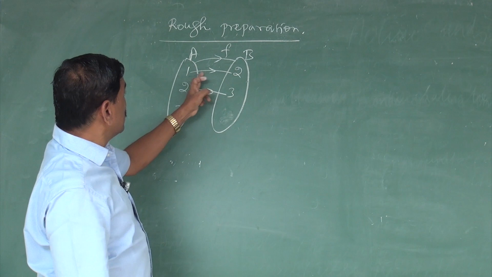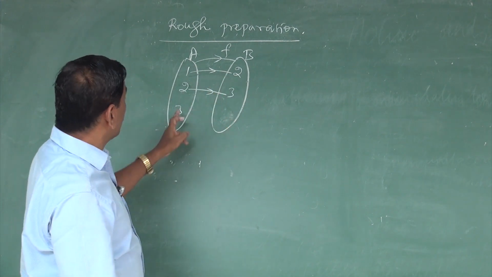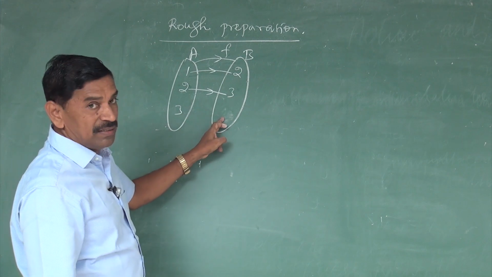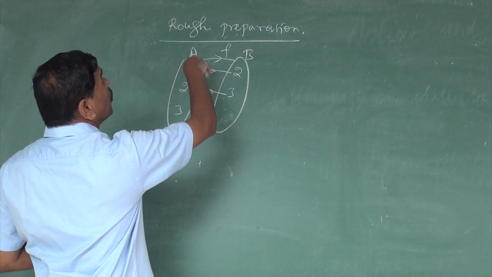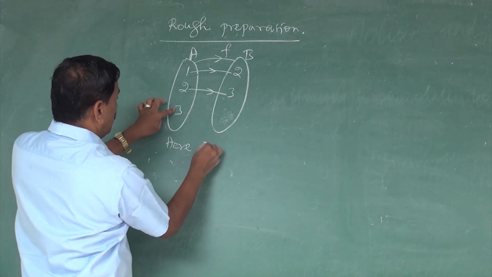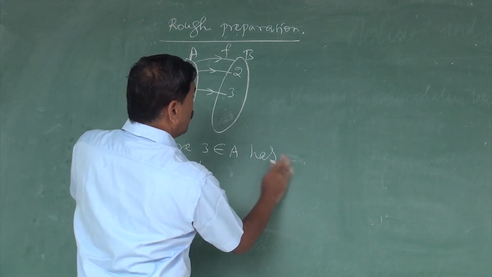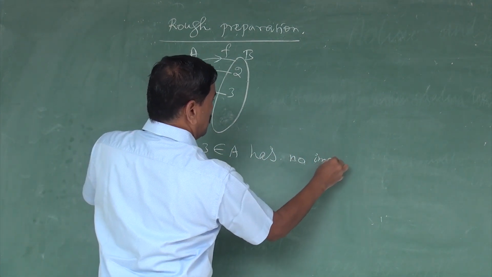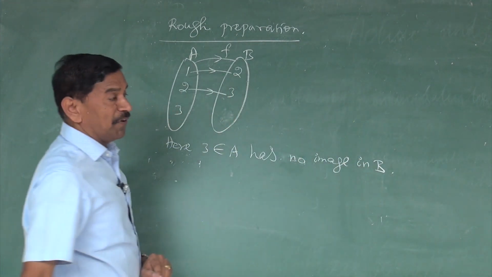Here 1's image is 2, 2's image is 3, and 3 has no image. Therefore, here 3 belongs to A and has no image in B. Listen carefully.